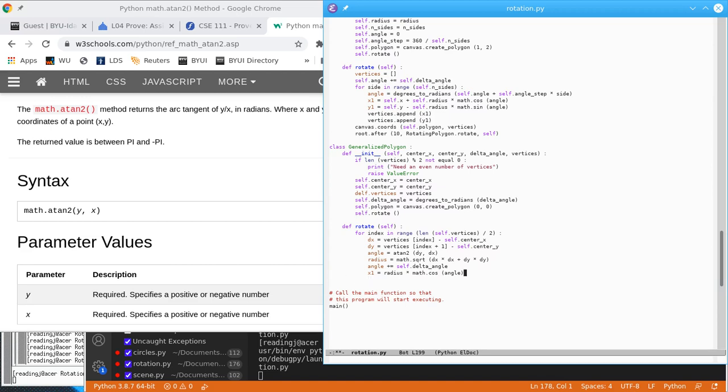Oh, so it's self.center x plus that. And now sine. This is 2 times index, because I want to step across every other vertex.